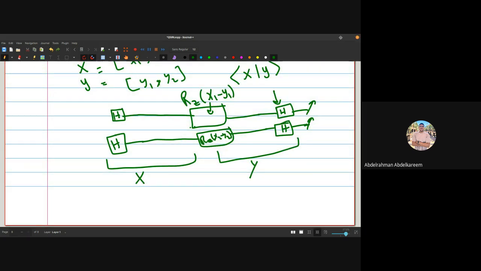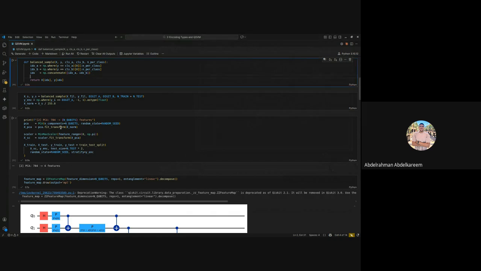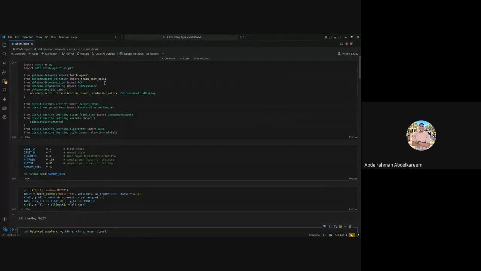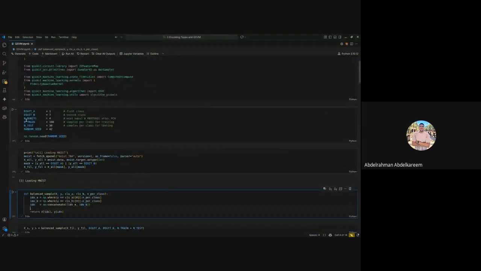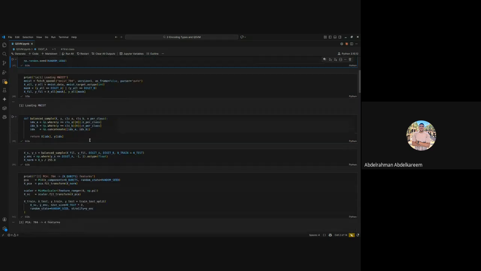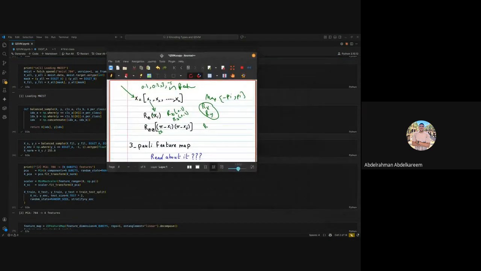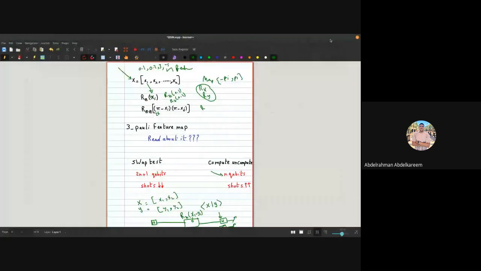Okay. After that, you go into the practical lab and try different digits and different numbers of qubits. Just don't go higher than 7 or 8, it will take a lot of time, hours. And try different numbers of training samples. So you just play with the notebooks.